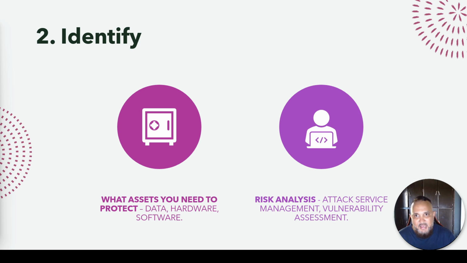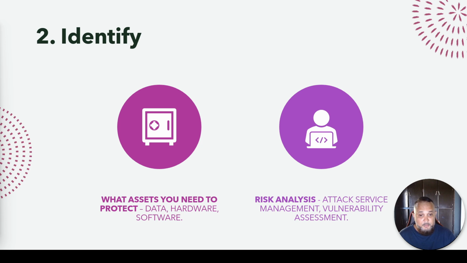Next up, we have identify. So identify deals basically with the identification of organization assets, right? First off, we have asset identification. We can't protect what we don't know we have, or what we don't know needs protecting, in other words, right? So these assets could be in the form of data.